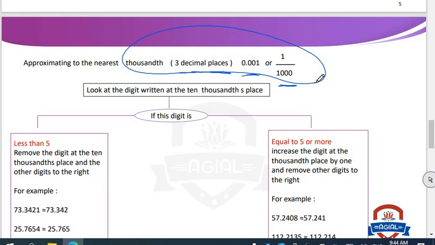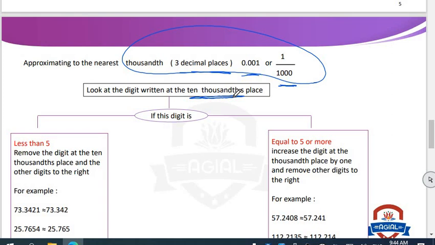Look at the digit written at the 10,000th place. 10,000th place meaning number 4 after the decimal point. Okay?